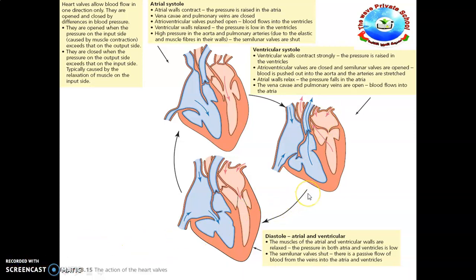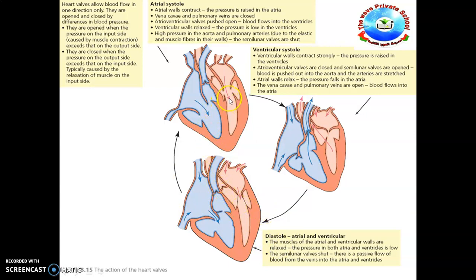The muscles of the atria and ventricles are relaxed because the pressure in both atria and ventricles is low now. So the semilunar valves are closed. There is passive flow of blood from the veins into the atria and ventricles.